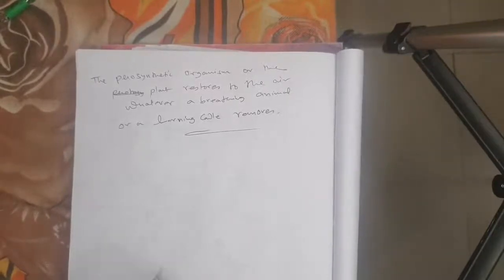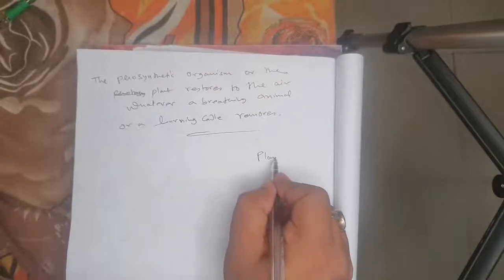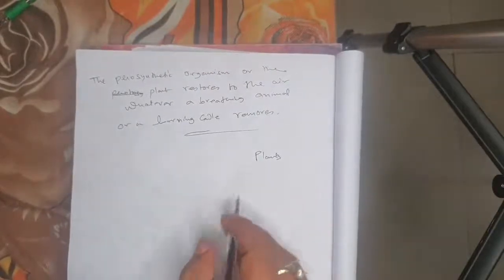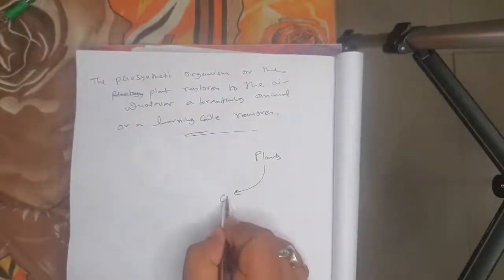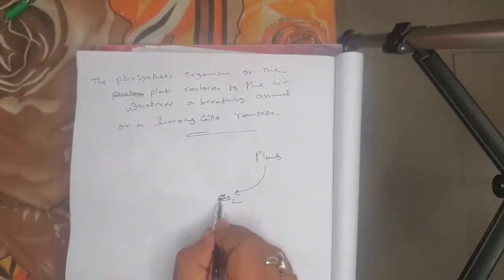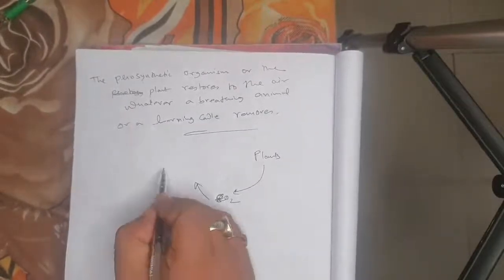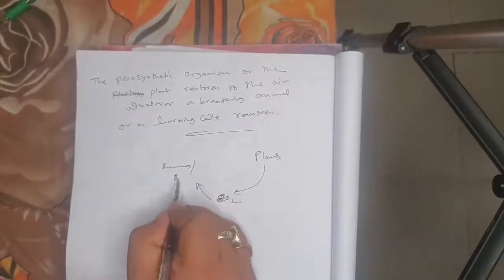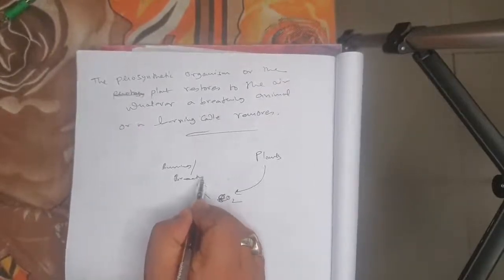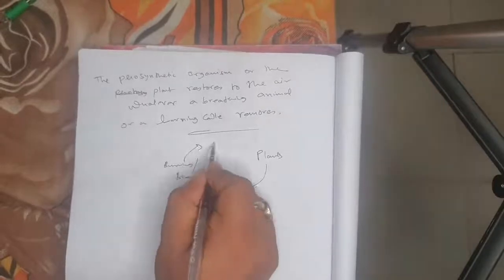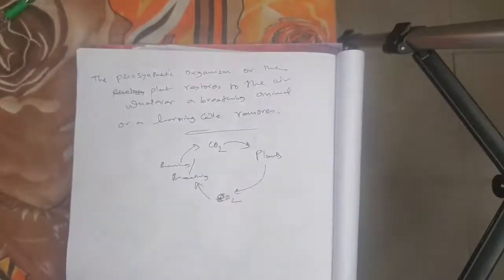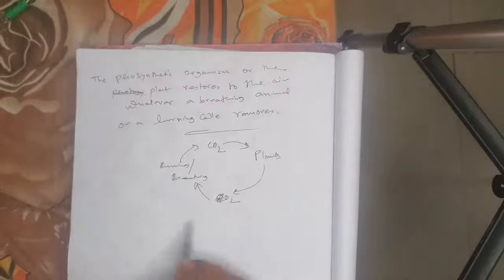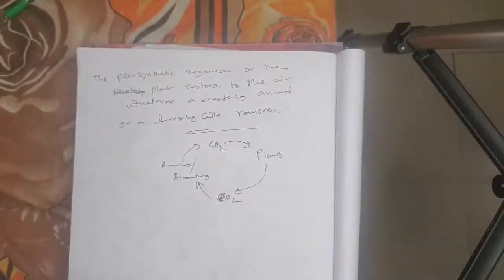So today from our perspective we know that plants by the process of photosynthesis give out O2, which is utilized by a burning candle for burning or by a breathing organism for respiration, and they in turn give out CO2, which is utilized by plants. This we know today, but at that time Joseph Priestley didn't know.